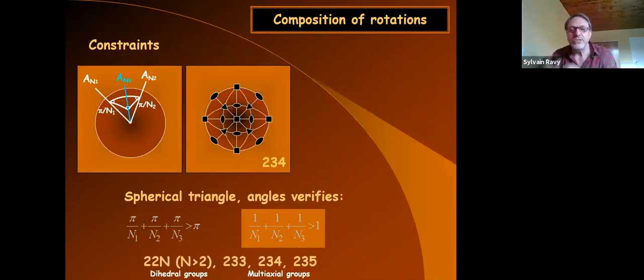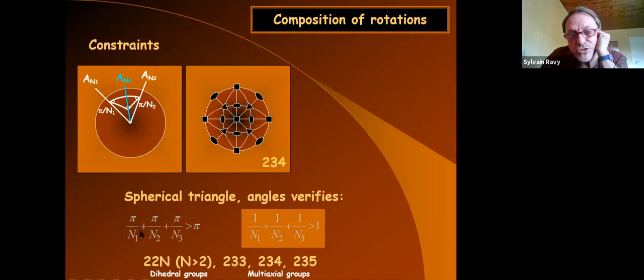Yes, so you have a very interesting constraint here if you want to obtain all the possible point groups. If you look at this Euler construction again, and our 3 rotation axes that you can see here, these 3 axes define a spherical triangle, as I mentioned previously, with angles pi over n1, pi over n2 and pi over n3.